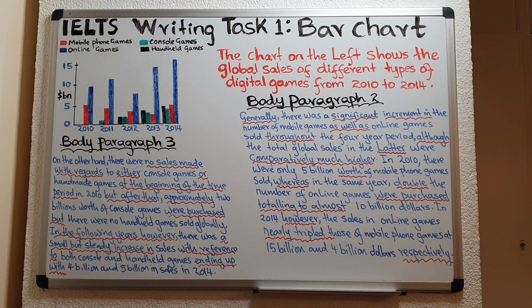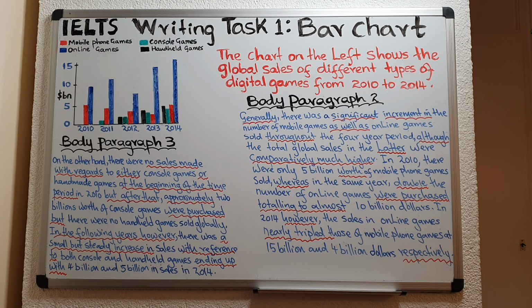I divided the items into two categories, and they are mobile phone games and online games, and on the other hand, console games and handheld games. After that, write about the first two items in the first paragraph and then write about the other items in the second paragraph. So the first thing, divide your bar chart details into two logical categories, one for each paragraph.